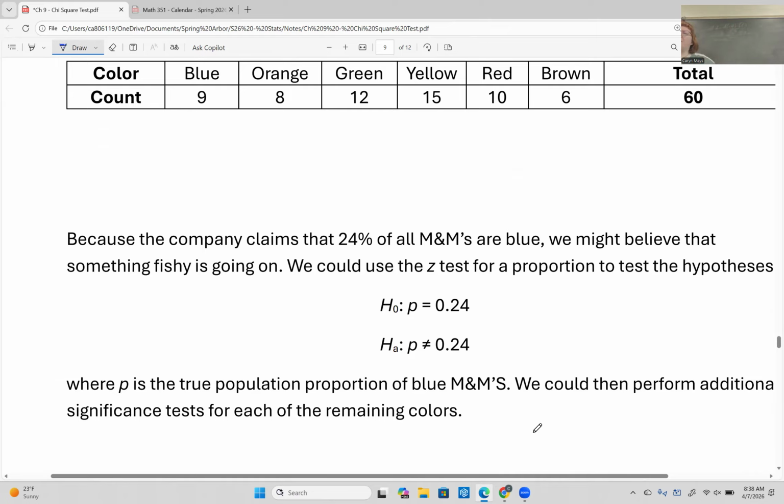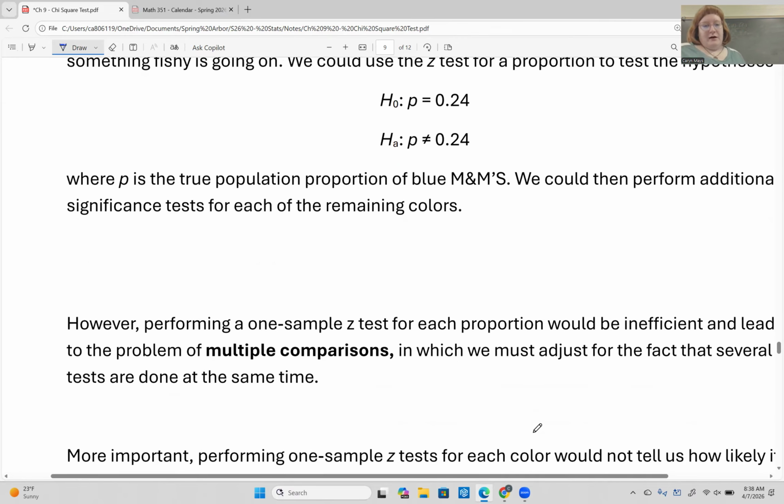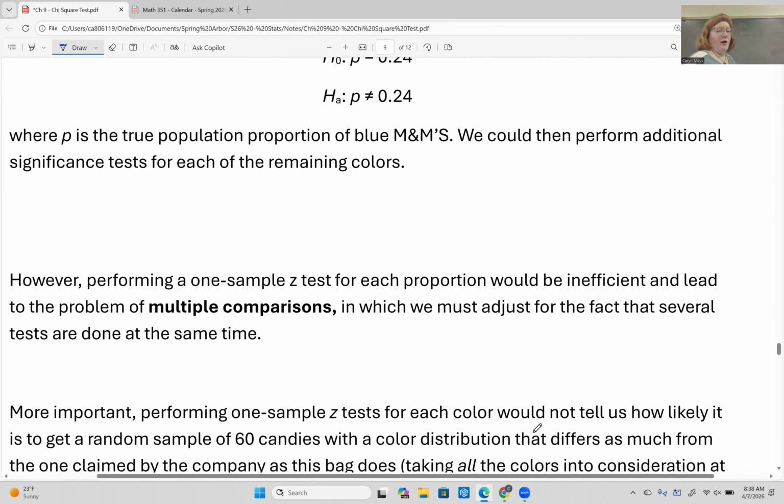But when we're doing a bunch of separate significance tests, one can generally expect to catch something when something's not there. We'd really like to be able to do a test that tests everything all at once. However, performing a one sample z-test for each proportion would be inefficient and lead to the problem of multiple comparisons.